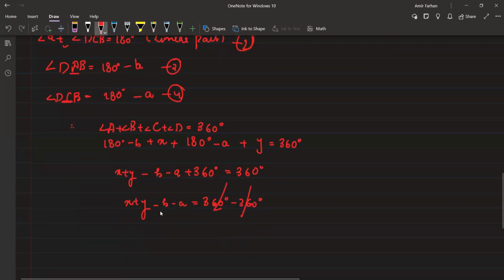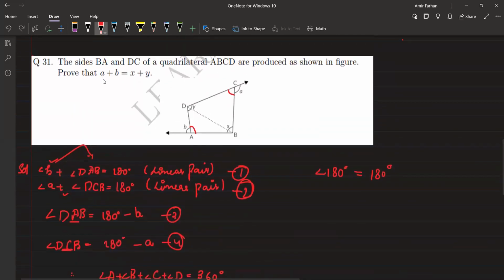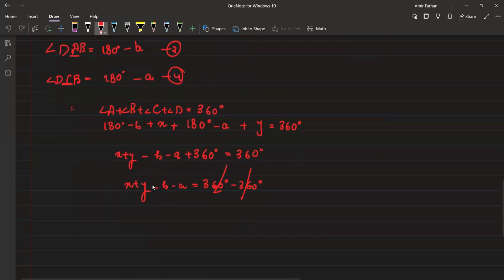Clear? We have to prove x plus y is equal to a plus b. We are almost there. We can shift this b to the right-hand side to get it positive, and shift this a as well. So x plus y will be equal to a plus b. That's what we needed to prove. It took only 2 minutes to solve this.